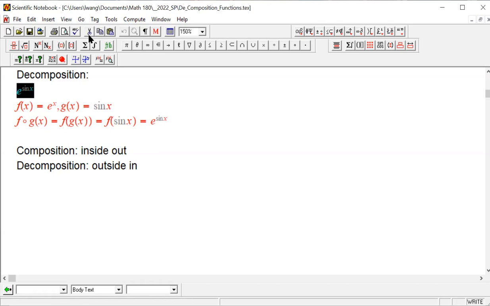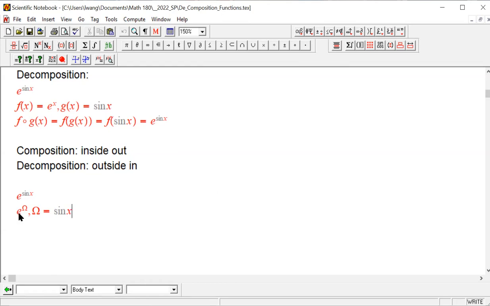For example, how did I decompose this function? I'm going to go from the outside. From the outside, I see this is just e to the power of a bologna. And what is my bologna? My bologna, or omega, is sine x.